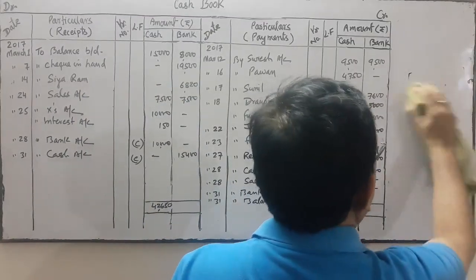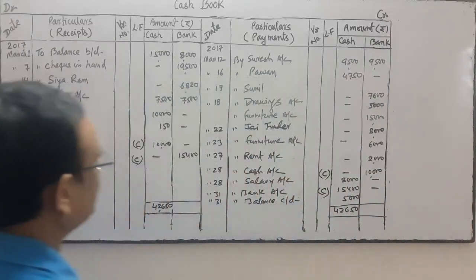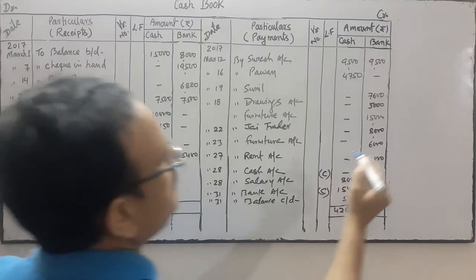Now see the bank column. Which side of the bank is more? Now do the total of the debit side first.